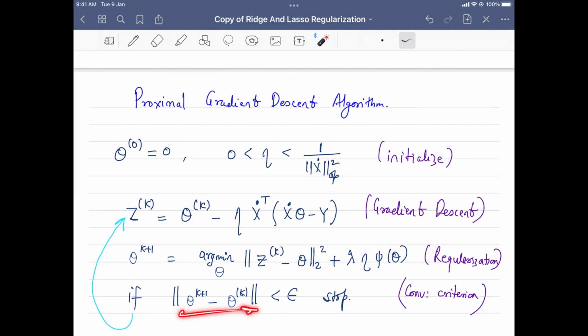Then you check the convergence criteria, and if this condition is not met, you go back and repeat the steps.